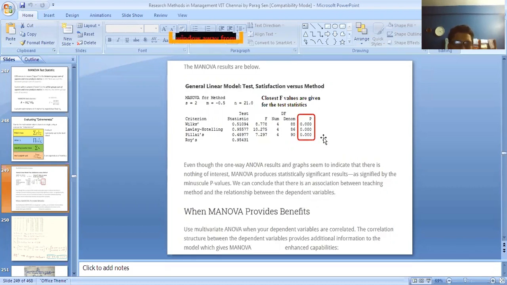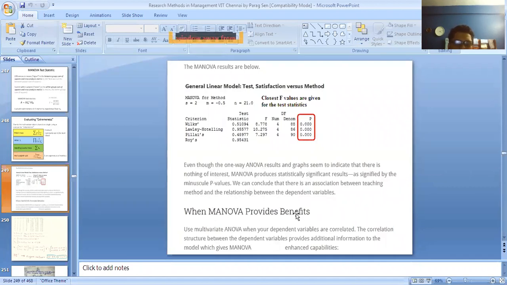So your ultimate conclusion is that there is no association between teaching method and test score, or teaching method and satisfaction score, but there is an association between teaching method and the relationship between the dependent variables. That's why p is less than 0.05.